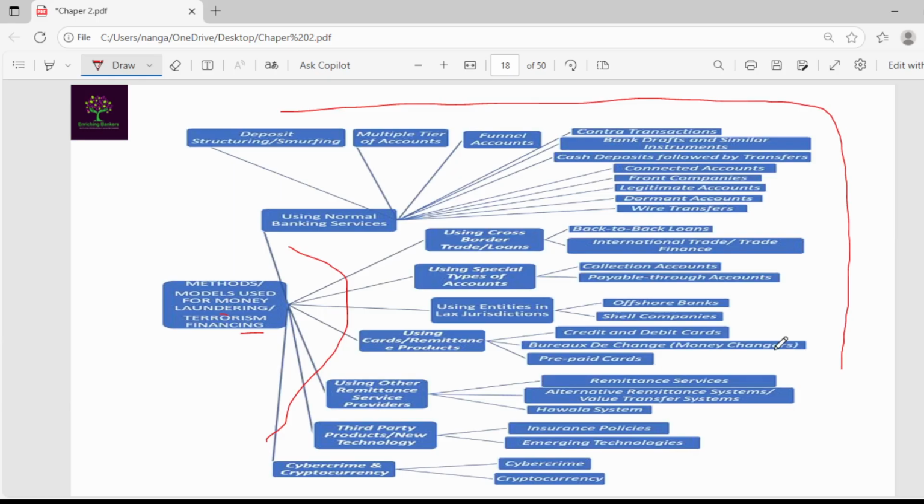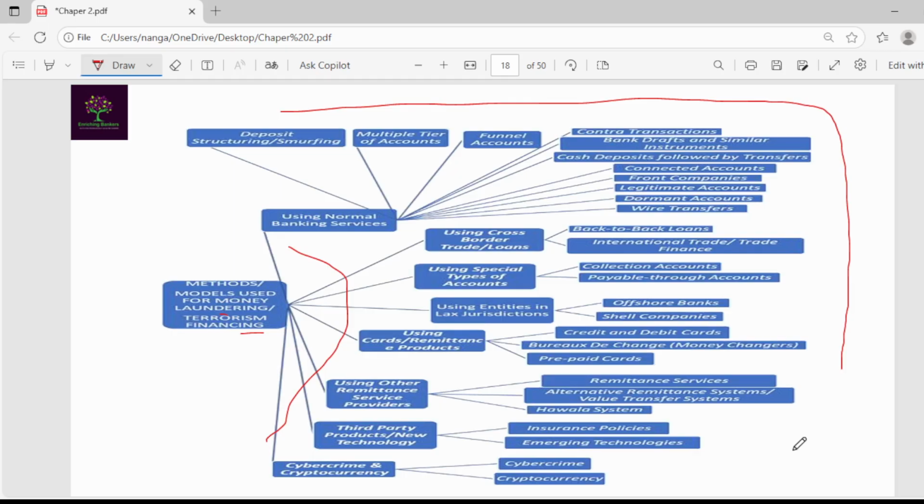Why do money launderers or terrorists use these various techniques or methods for their activities? Because they want to hide their illegal activity. They want to hide their illegal source of funds, their initial source point, their origin of funds.